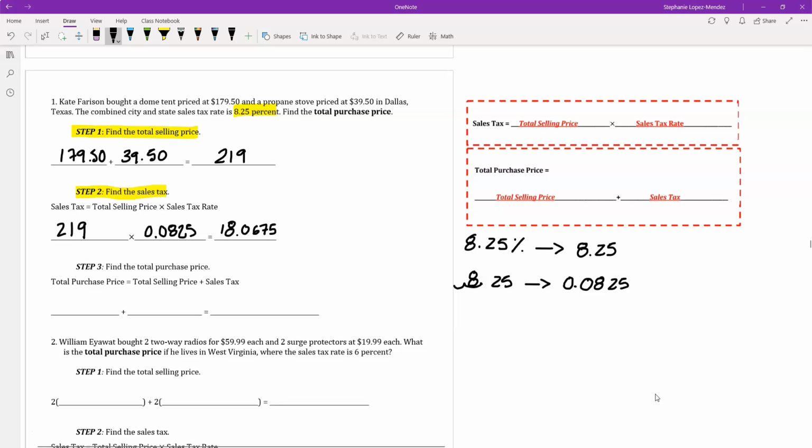Since we are working with money, we should be going to the closest number. So it would be 18.07, just so we can be more accurate. Of course, you can also work with all of the decimals, but this is just the simple way to do it. So we have now 18.07.